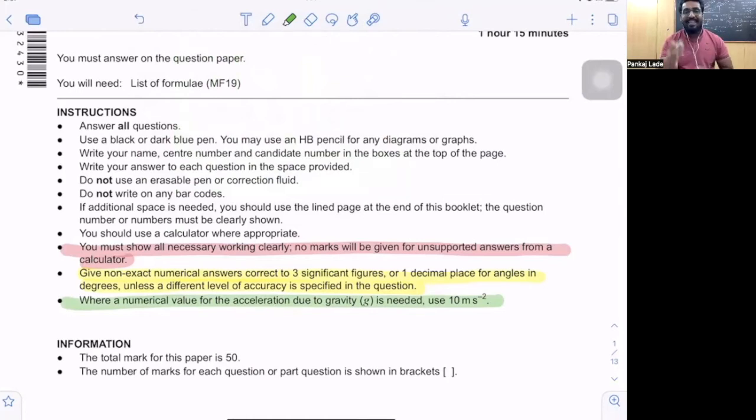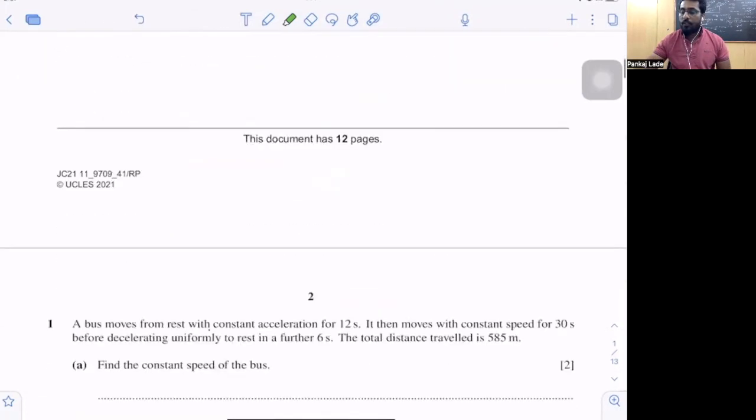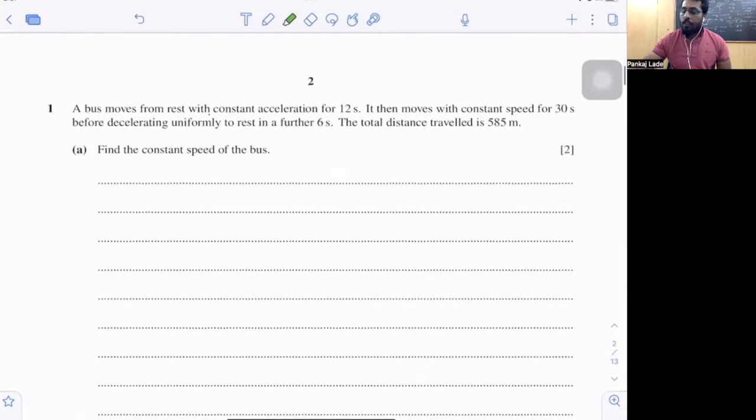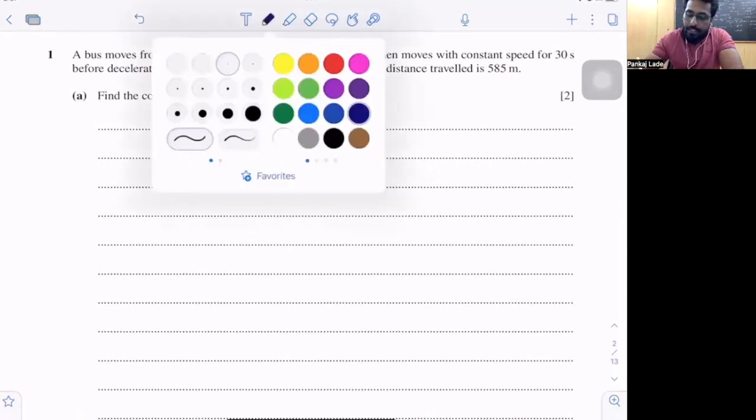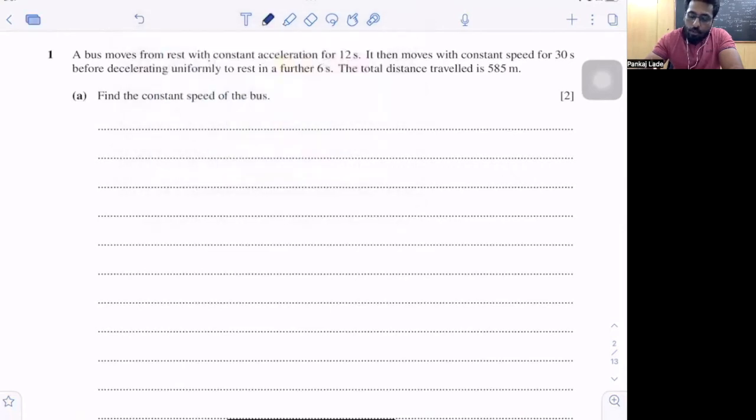So students, let's proceed with the very first question. It says that a bus moves from rest with constant acceleration for 12 seconds. Constant acceleration means uniform acceleration.